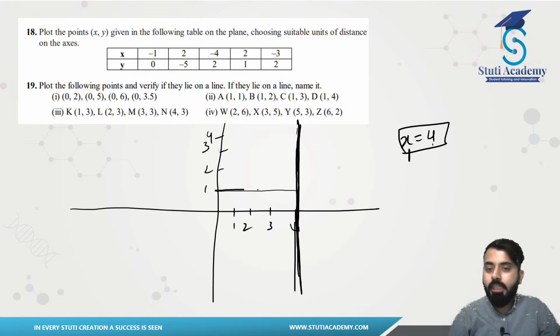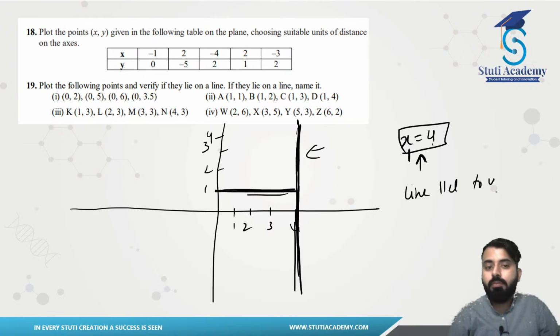We are drawing this line. Now you see, when you have been given any value of x, you get a line which is parallel to the y-axis. When you have been given x equals a, there will be a line which will be parallel to the y-axis, and when you have been given y equals a, then there will be a line parallel to the x-axis.